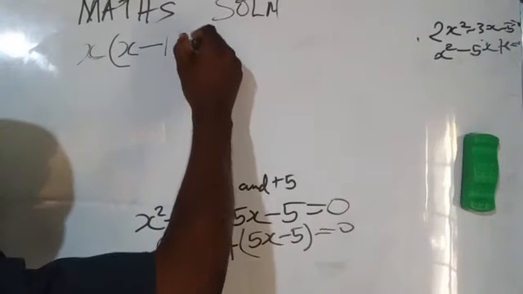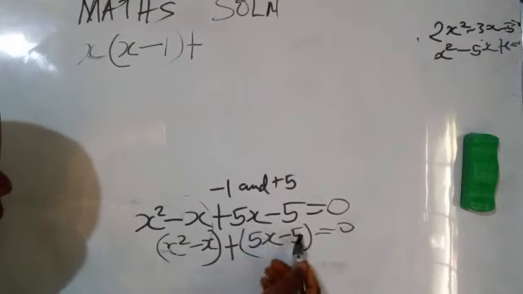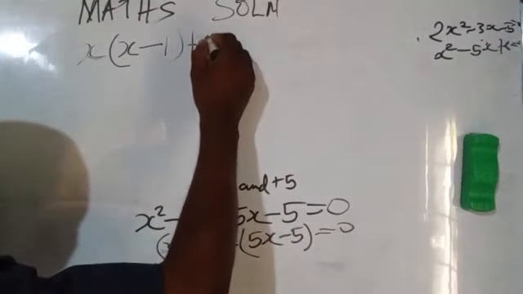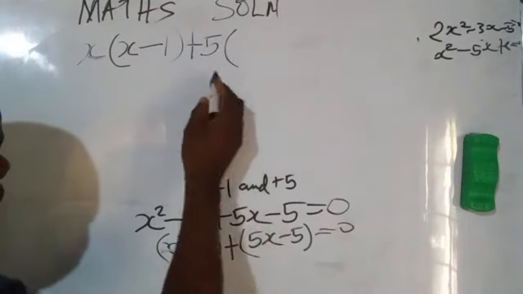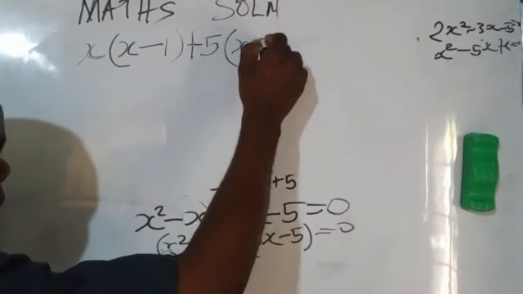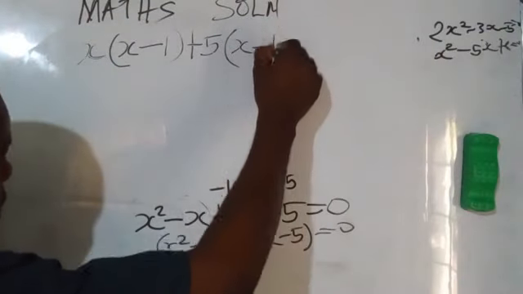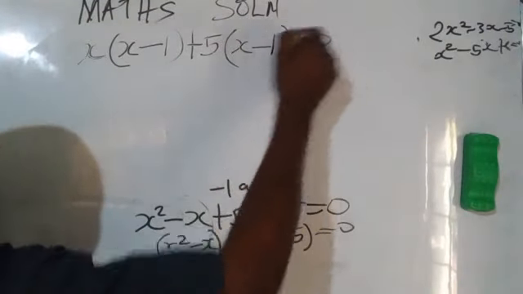Okay, then plus, what's the common factor of 5x and minus 5? It is 5. They have 5 in common, okay? And you bring that 5 outside the bracket so that when this 5 divides this 5x, x will remain. Then minus, if this 5 divides this 5, 1, equal to 0.